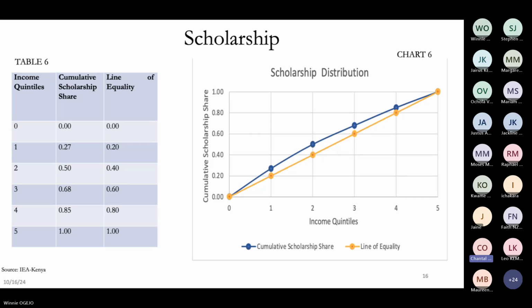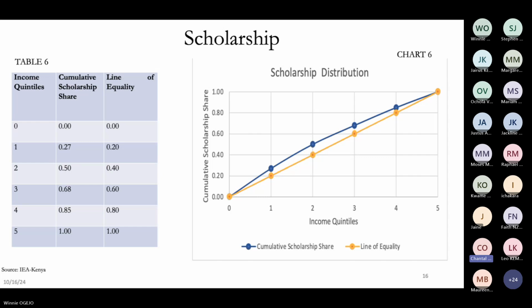Chart 6 is a graphical representation of the data that is visible in table number 6, where we're able to see the Lorenz curve in blue measured against the line of equality in orange. Just to reiterate, the line of equality is theoretical.